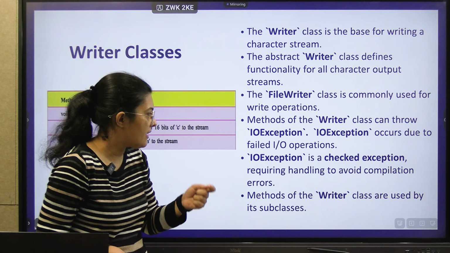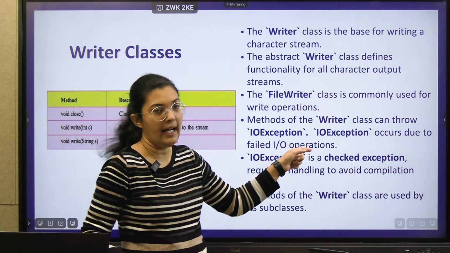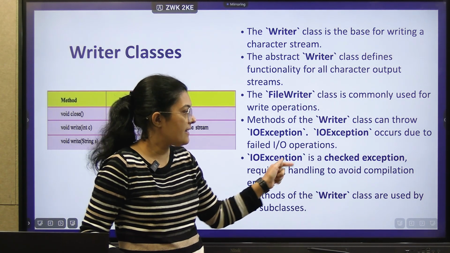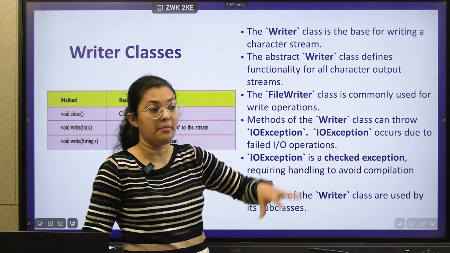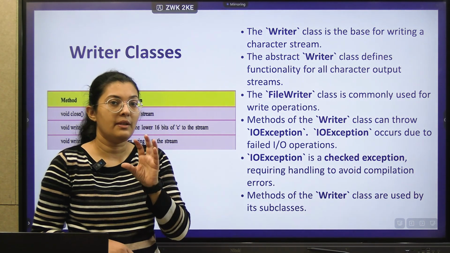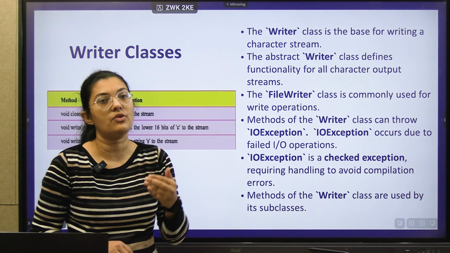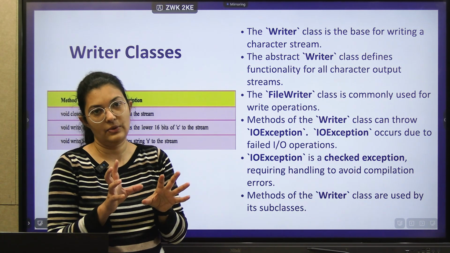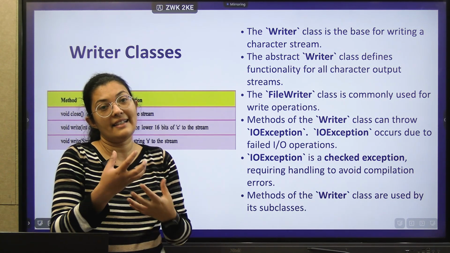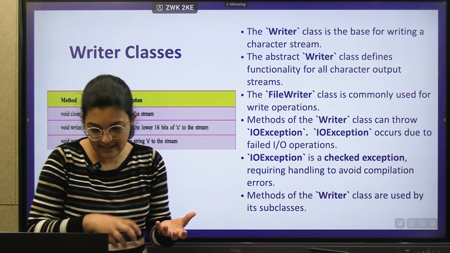IO exception occurs whenever there is a failure in an IO operation, and this exception is a checked exception. That means whatever code you write must be inside the try and catch block only, because we have to handle that exception during compilation itself.